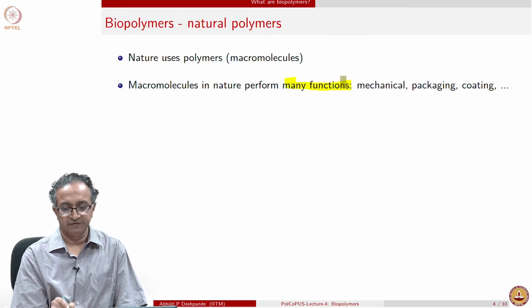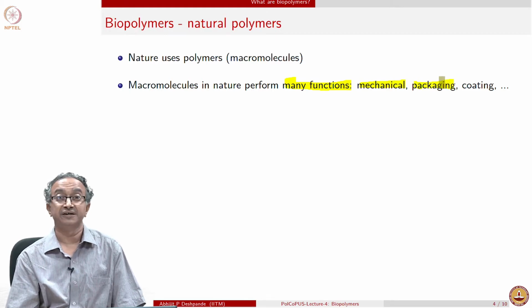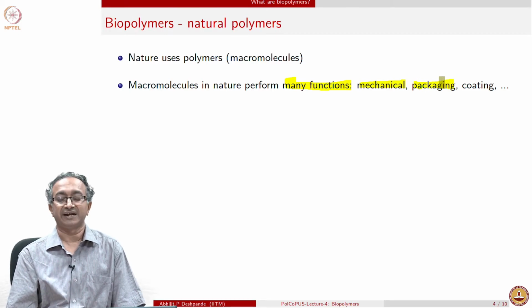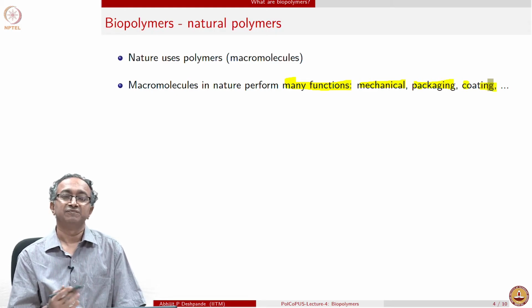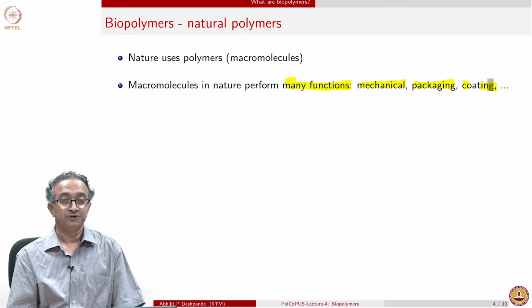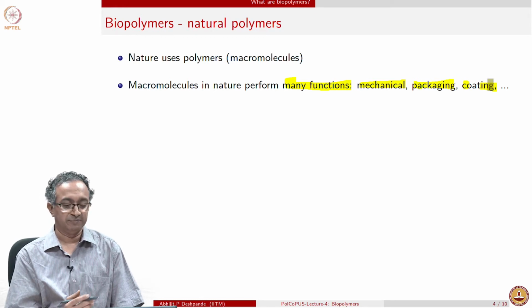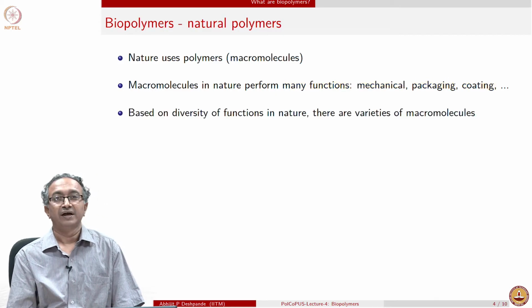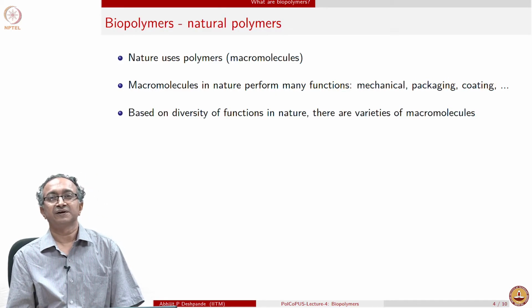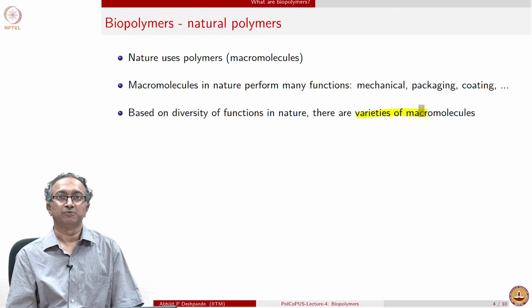They are very diverse and they can perform a mechanical role, they can perform a barrier role, what we need, let us say, for a packaging material. They can also have a protective coating. They can provide conductivity, they can provide optical performance. So, basically whatever we need from an application point of view, all those roles are performed by macromolecules in natural conditions also. And based on the diversity of the requirements, we also have a variety of macromolecules.